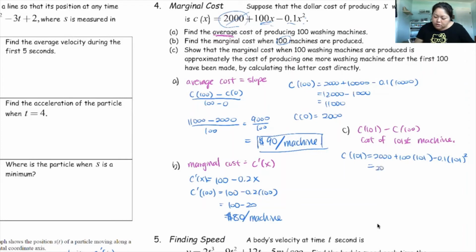So that's 2,000 plus 100 times 101. So that's 10,100 minus 101 squared times 0.1. That's 1,020.1. Okay, so then I take that and add it to the 10,100, and add that to the 2,000.